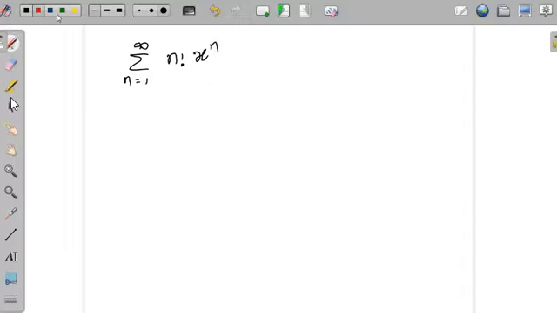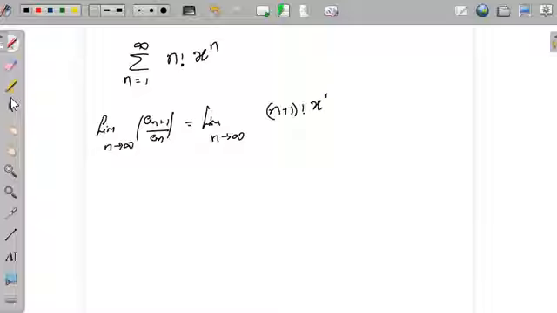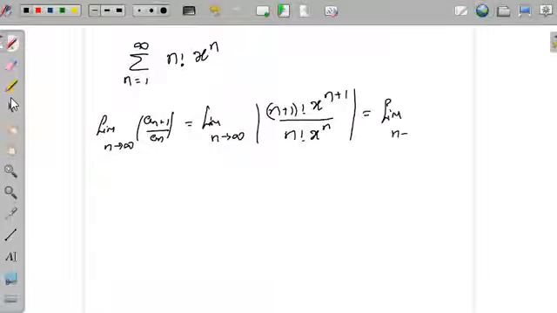If you observe, if we apply the ratio test, limit n goes to infinity of a n plus 1 over a n, this is n plus 1 factorial into x power n plus 1 divided by n factorial into x power n. So this is n plus 1 into mod x.